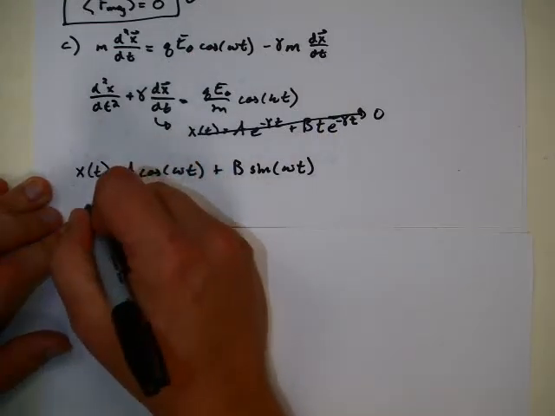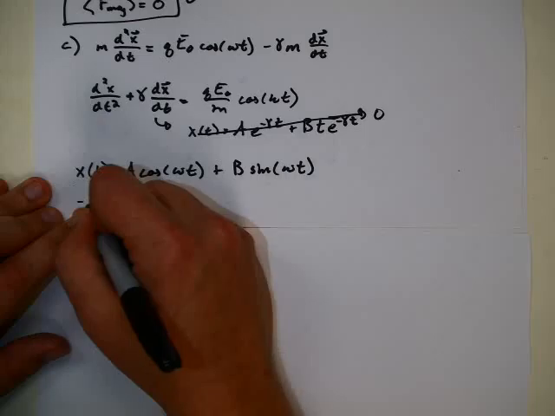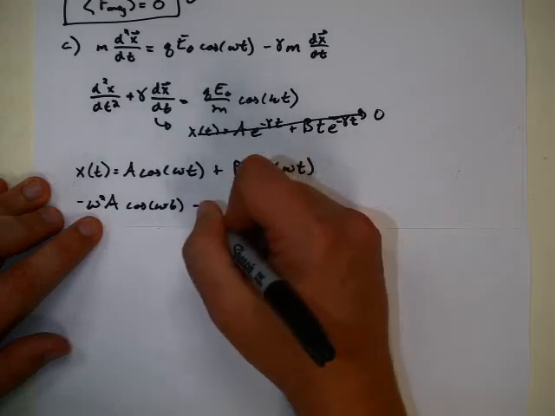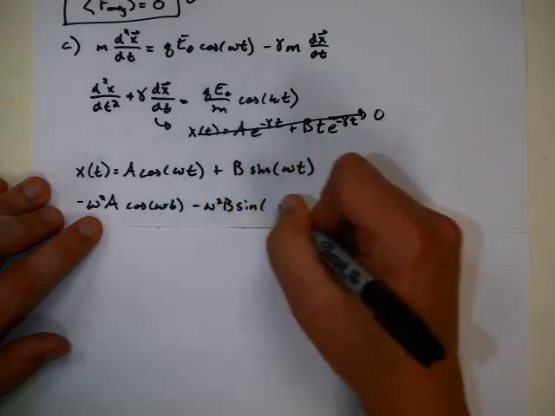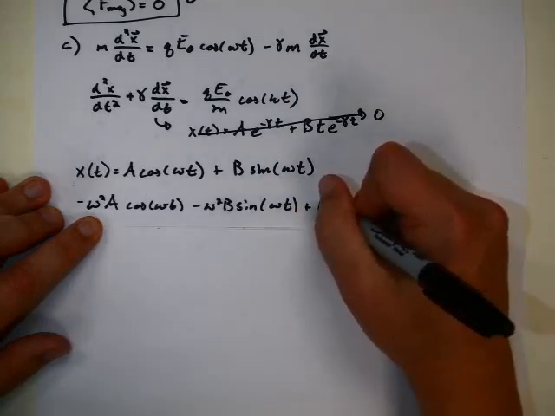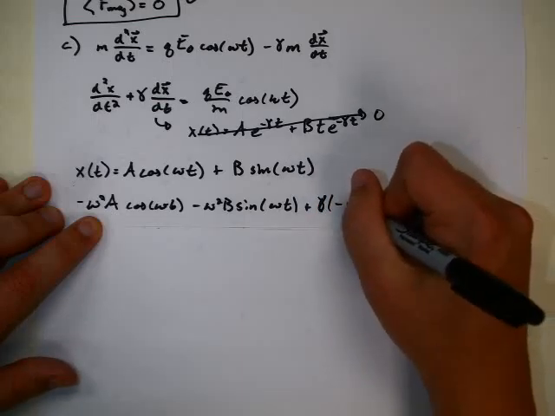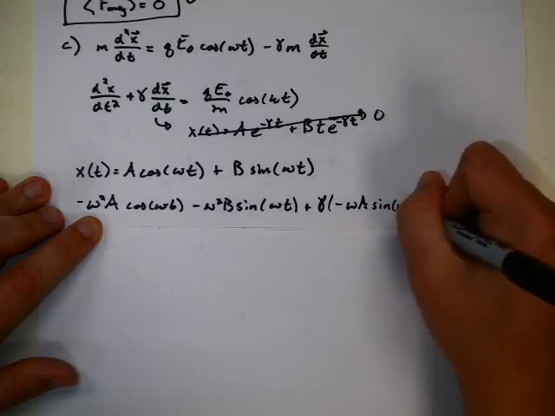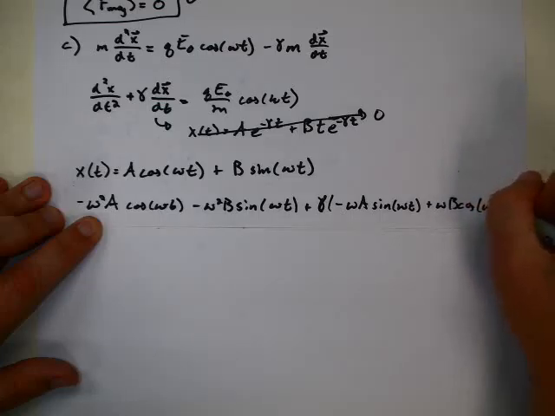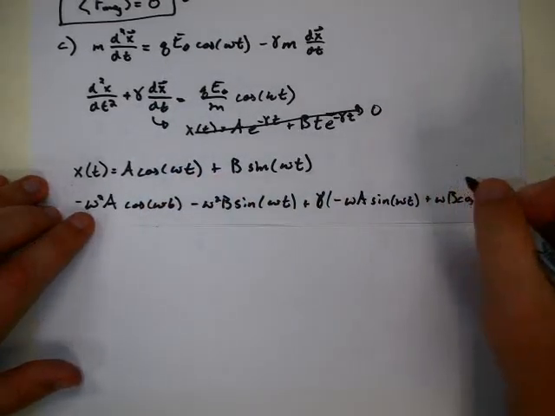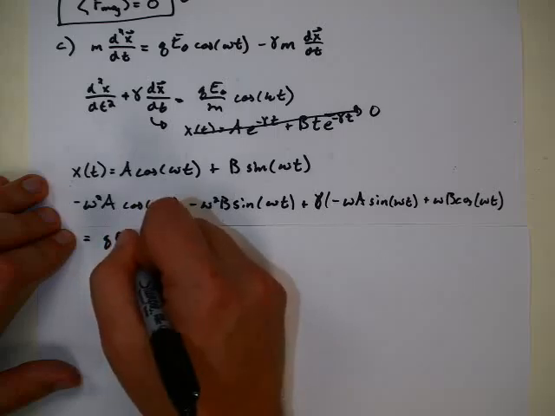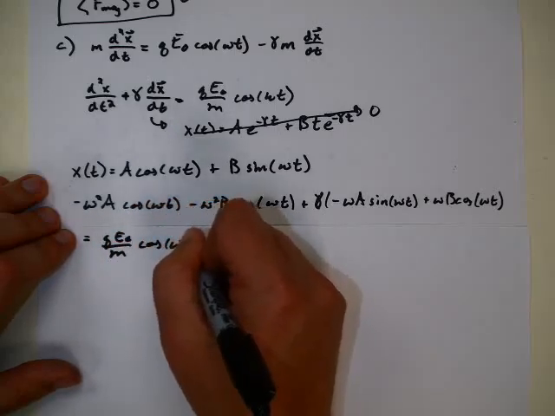The second derivative gives minus omega squared a cosine omega t minus omega squared b sine omega t, plus gamma times minus omega a sine omega t plus omega b cosine omega t, whole thing equals q e naught over m times cosine of omega t.